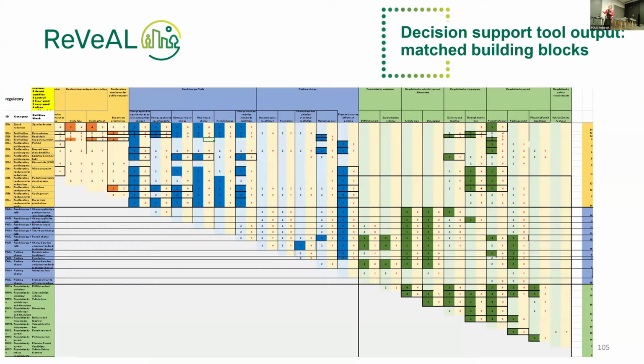And we've got another one of these, this time with the building blocks along the side and across the top. So we did a matching exercise basically, and you can see what's in dark. These are the ones that are likely to be something that you might want to pair. So again, this is based on expertise, based on what we know from experience, combined with a close examination of 18 case studies. And this is what we came up with then of possible pairings of building blocks.